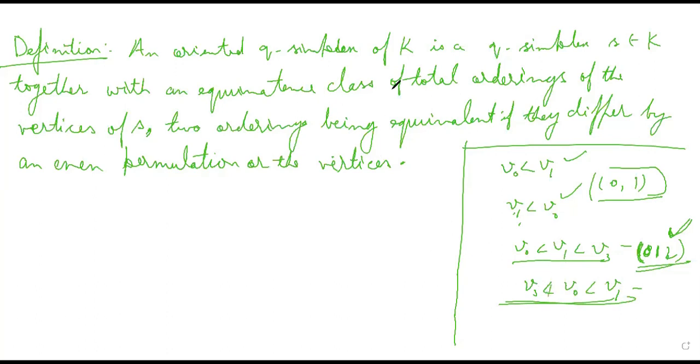In place of that, if I consider V naught, V2, V1, this and this differ by an odd permutation, so they will not be in the same equivalence class.